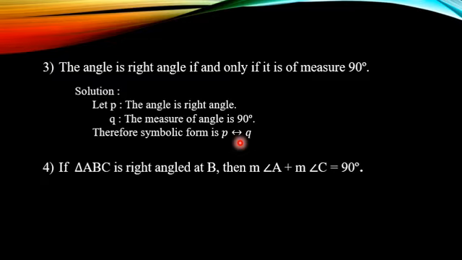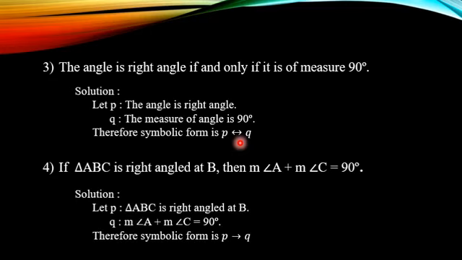It is also called implication. So the answer is, let P denote triangle ABC is right angled at B. Q denotes measure of angle A plus measure of angle C is equal to 90 degree. The symbolic form of the given compound statement is this one, and this is read as P implies Q.